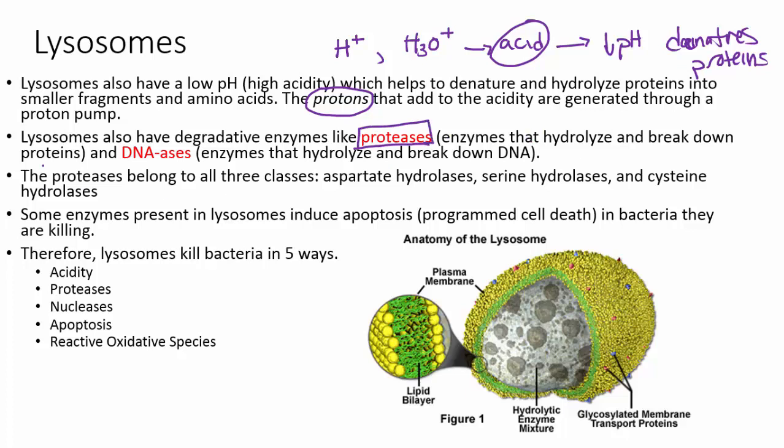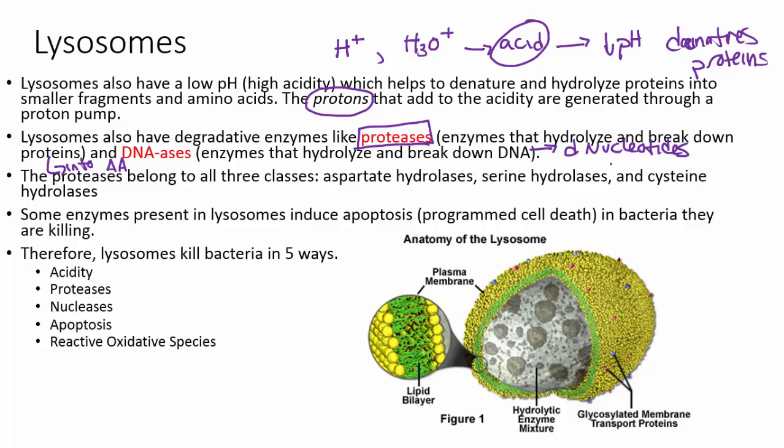Likewise, you can somewhat denature the DNA, and then a DNase, which is an enzyme that hydrolyzes DNA, will break it down into deoxynucleotides. And those will end up being recycled.